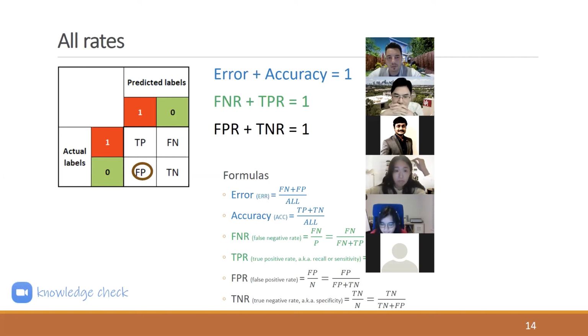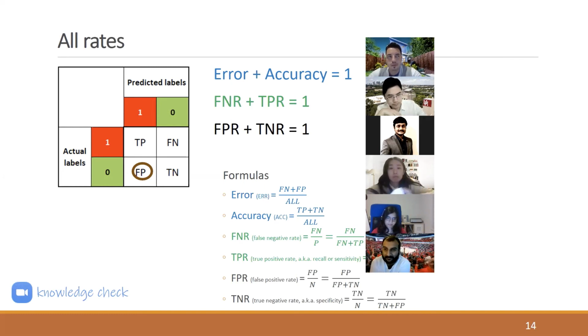Okay, right. So what is a false positive rate calculating? It's basically calculating the rate at which it's detecting that fire falsely. Right, I think you're right.